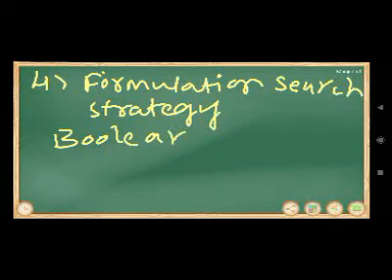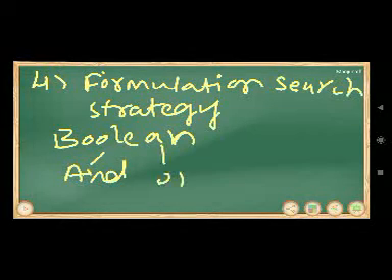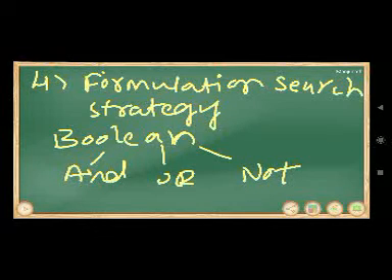If you use Boolean operation, whether you use hand operation or not, you are going to decide here. In this decision you take, what search formulation and search technique you are going to use for finding the documents.